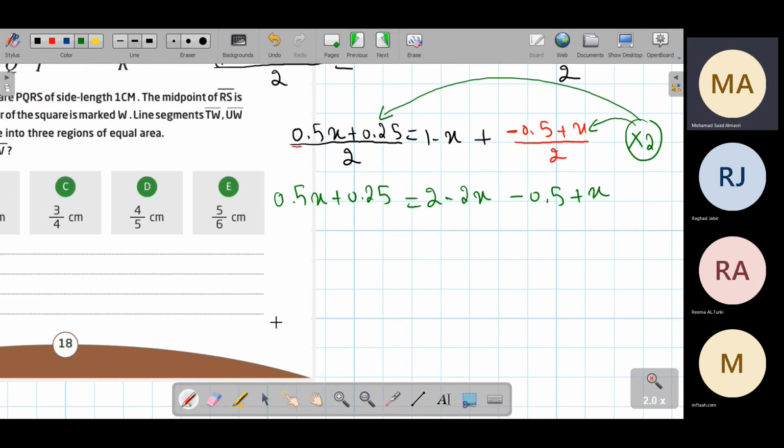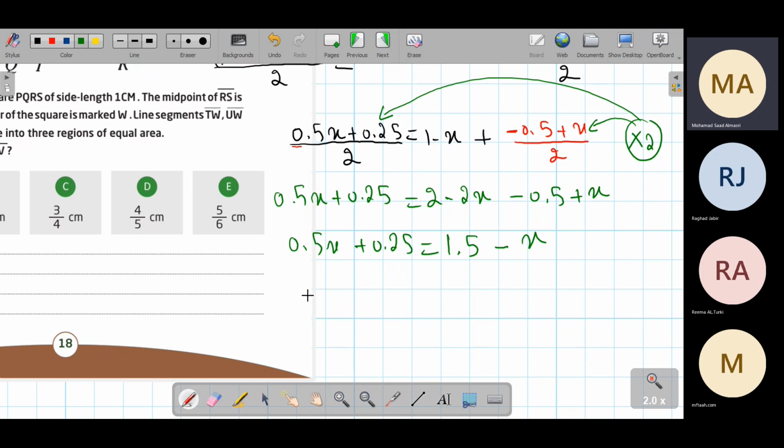Now we need to add the like terms. So 0.5x plus 0.25 equals 2 minus 0.5, it's 1.5, minus x. Now I need to isolate x.